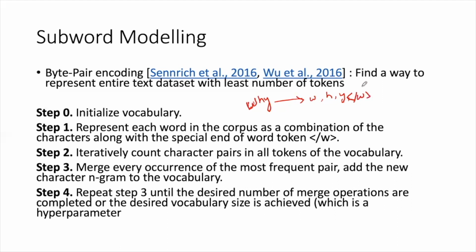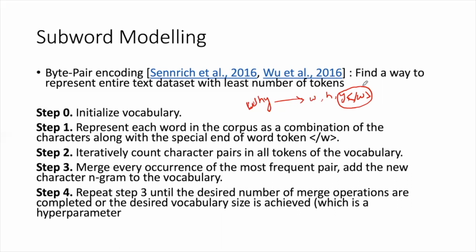It indicates that this y occurs at the end. This helps us differentiate it from the y that occurs in between or in the middle of a word, with respect to the y that occurs at the end. So this is how we divide.